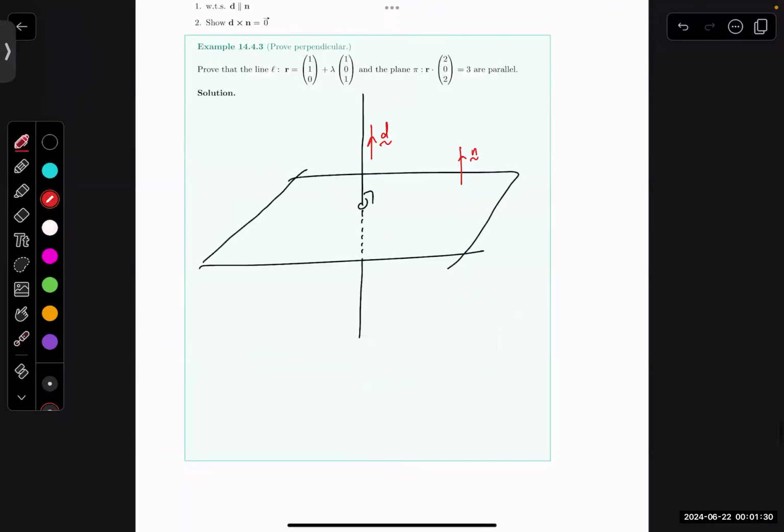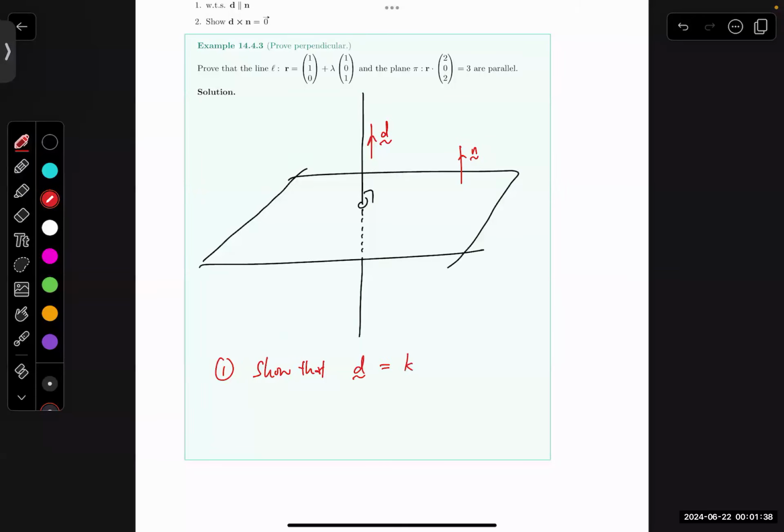To show that they are parallel, first of all, show that vector D is equal to some scalar multiple of the vector n. So just consider this.